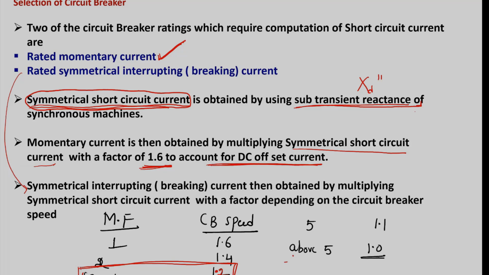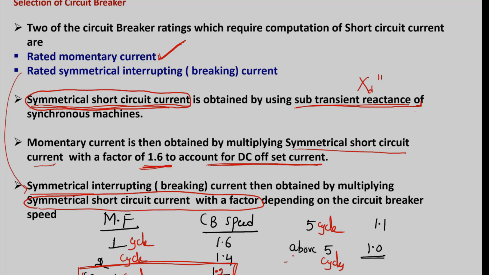So we multiply the symmetrical short circuit current with a multiplication factor, depending on the cycle in which the circuit breaker is operating: 3rd to 4th cycle, 5th cycle, above 5 cycles. One cycle means 20 milliseconds, because at 50 hertz frequency, one cycle takes 20 milliseconds.